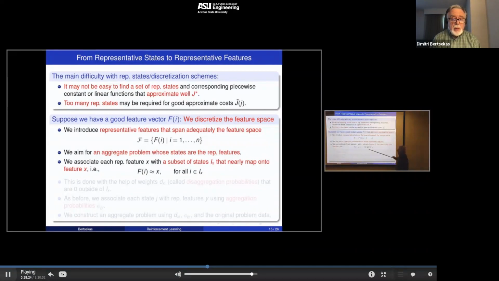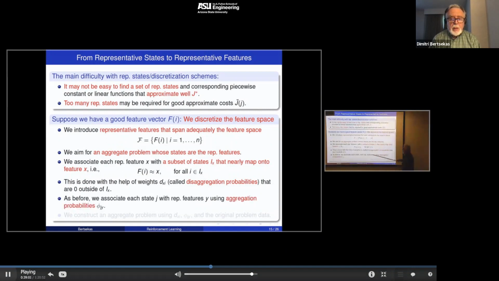And we associate every representative feature with a subset of states that approximately map into that representative feature. Remember, x is a representative feature, and we consider states whose feature map almost maps into that. This relationship between states and representative features is done with the help of some weights, which we call disaggregation probabilities.